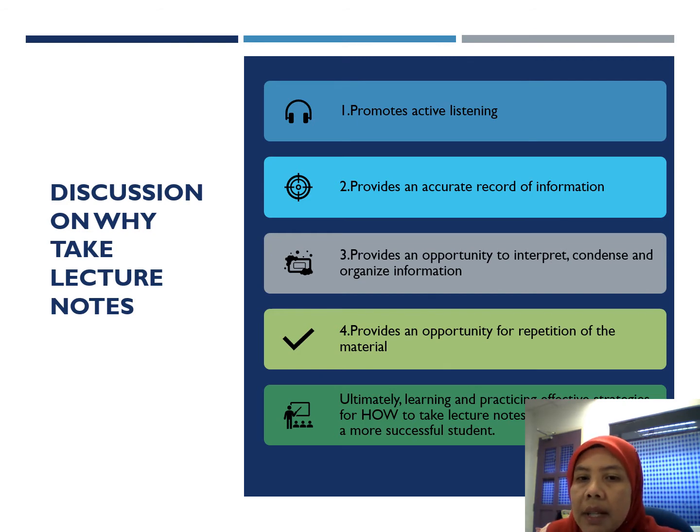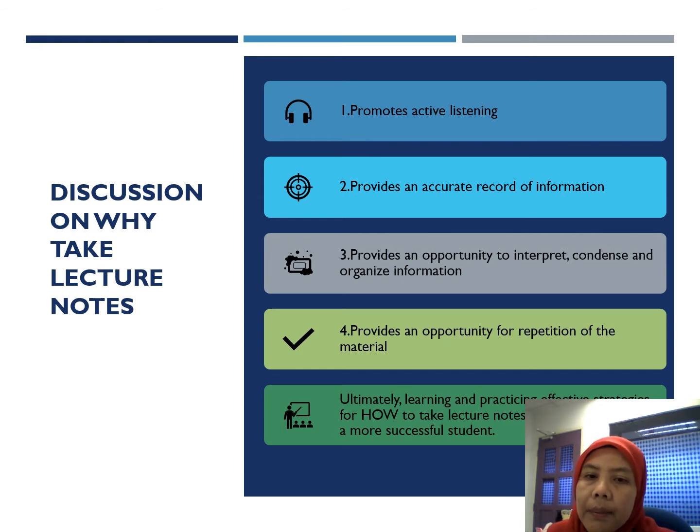Number 2, it provides an accurate record of information. When you take notes, you have a record of what you learned. This record is accurate because you can write any words, main points, or important points during that lecture. So you have a good, accurate record of information.